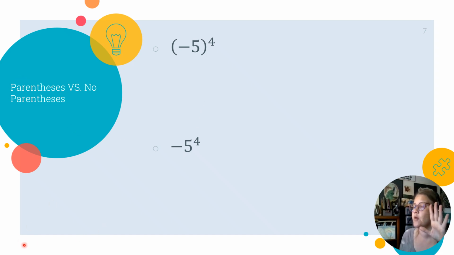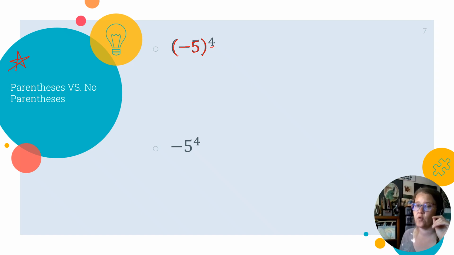So when we have parentheses, and everybody please make sure you get this in your notes, that means that you are going to be multiplying this whole negative number by itself, however many times over the exponent says.